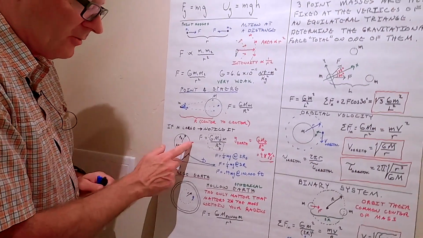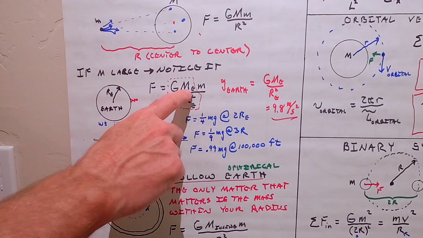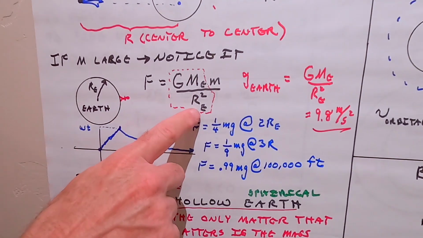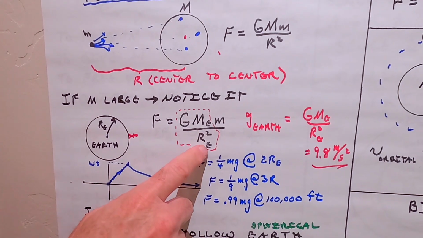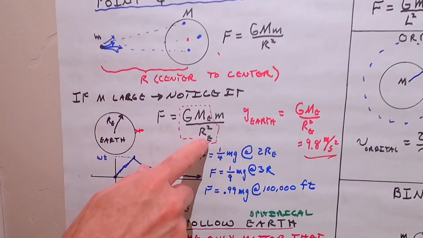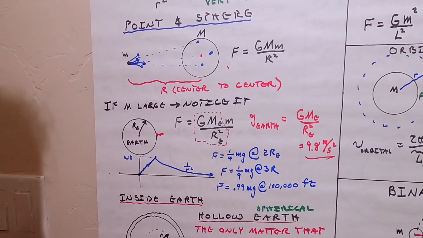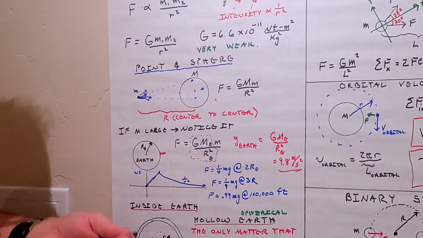Okay, so now if you go into the Earth, the mass within your radius is getting smaller, and the radius is getting smaller. They're both getting smaller right here, and when you get to the center, they're both 0 right here. Well, what's 0 over 0? Well, it depends on which one is going to 0 faster.